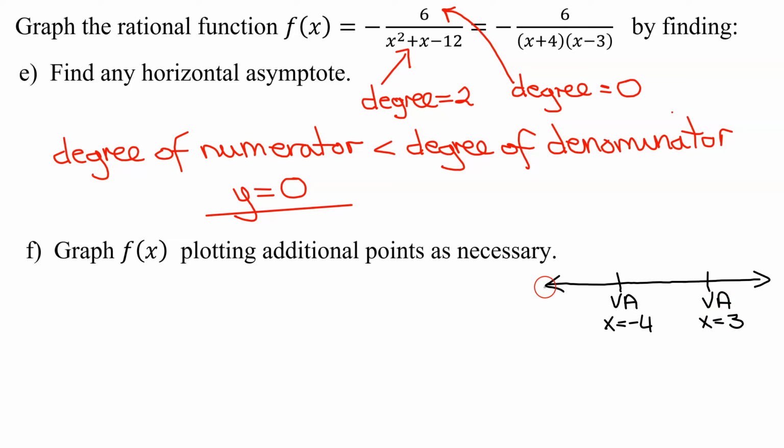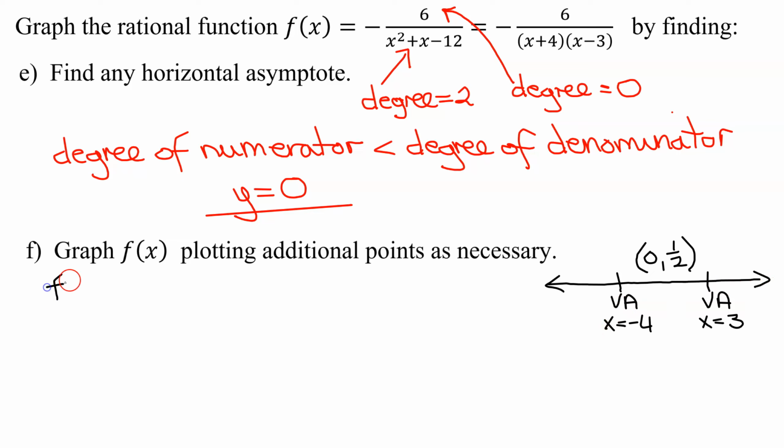I need to have a point in each of these three regions. The only other point I've found so far is the y-intercept of 0.5. So I'm going to have a point to the left of negative 4 and to the right of positive 3.